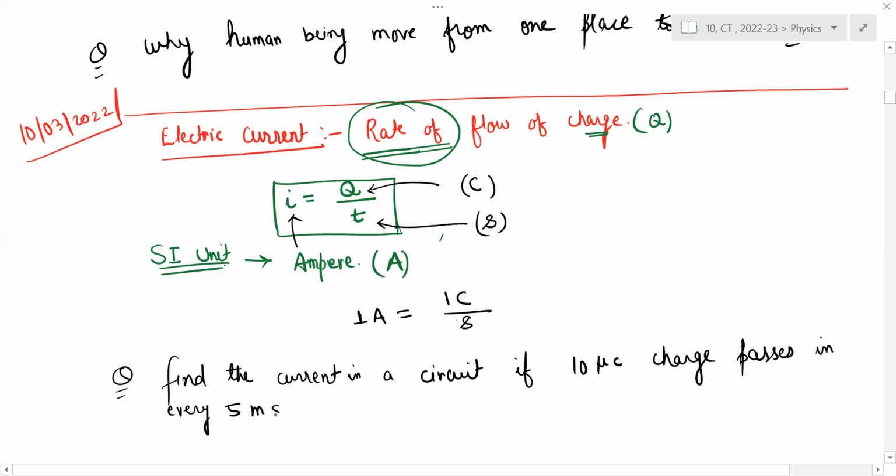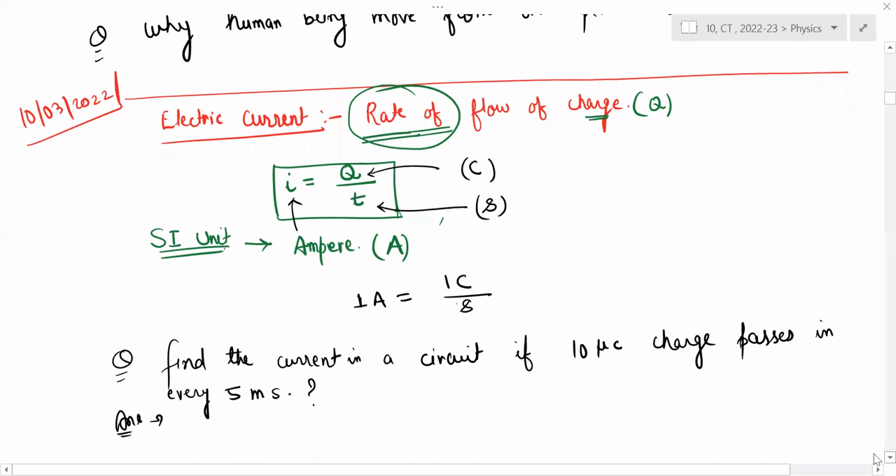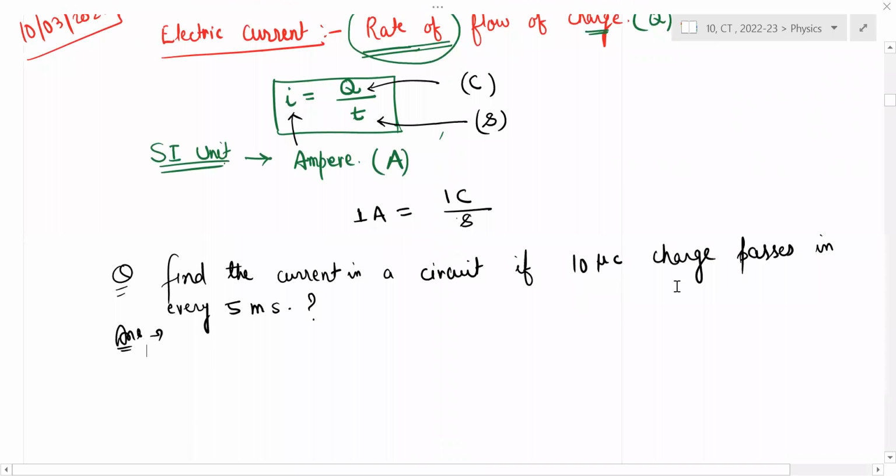This is your question. Please reply to me privately. Find the current in an electric circuit if 10 microcoulomb charge passes in every 5 milliseconds.